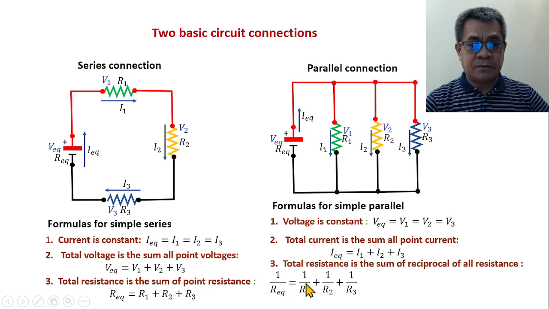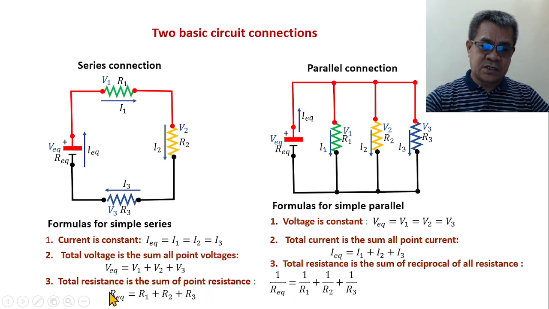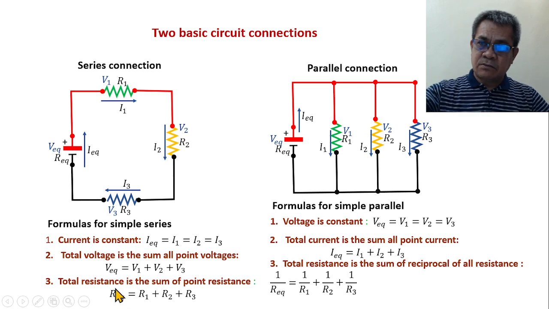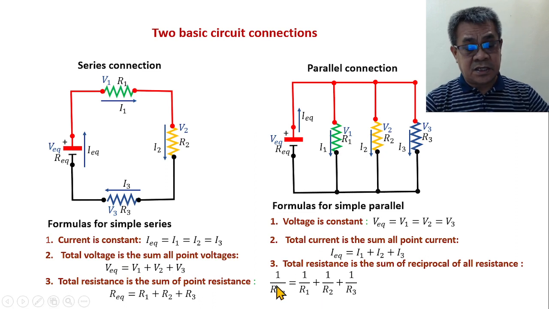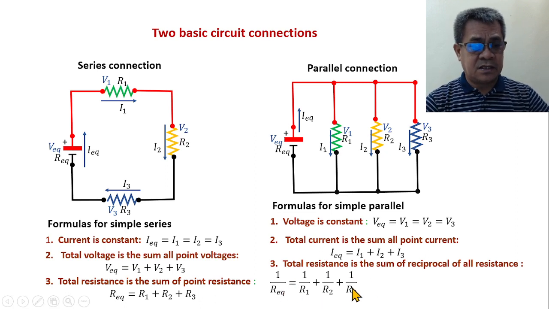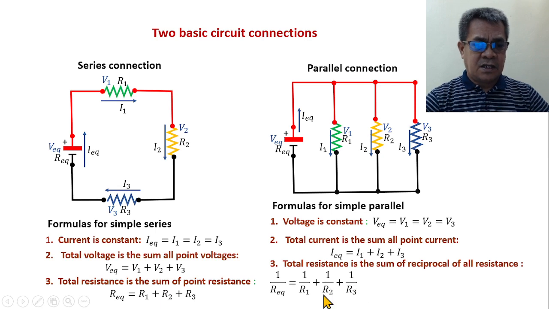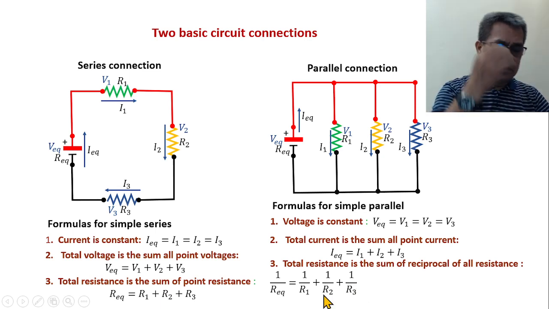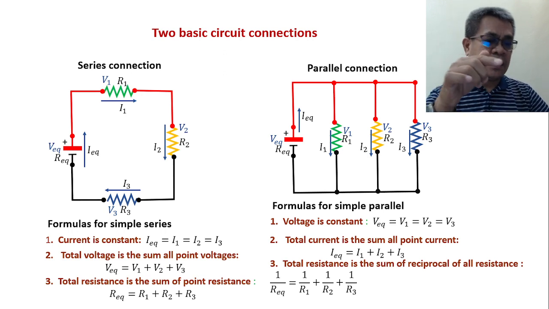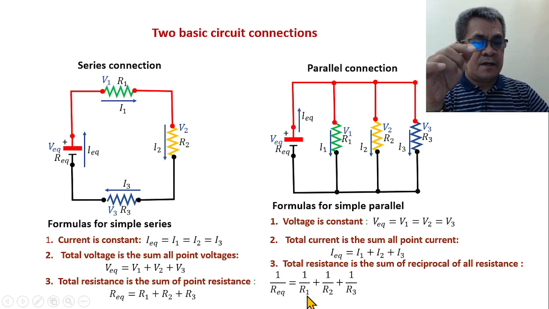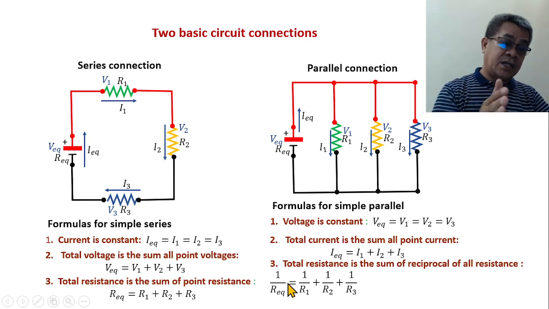Now compare the two. In series, the resistance accumulates, meaning if you add more resistors, the resistance will keep on increasing. But in contrast, if you connect more resistors in parallel, the equivalent resistance will keep on decreasing.